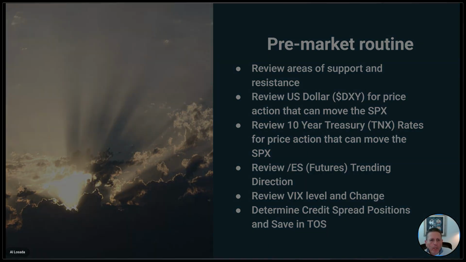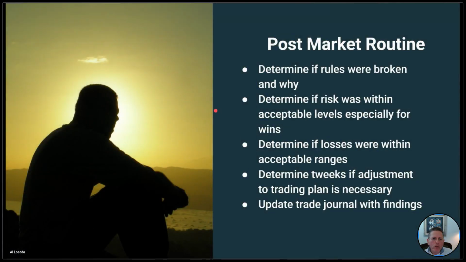Okay, here we go. So post-market routine: determine if rules were broken and why. Determine if the risk was within acceptable levels, especially if you're winning. Okay. And I say that because if you're winning, you typically want to put on more trades, and that's really the opposite of what you should be doing. Okay.